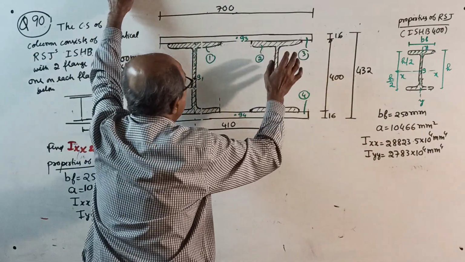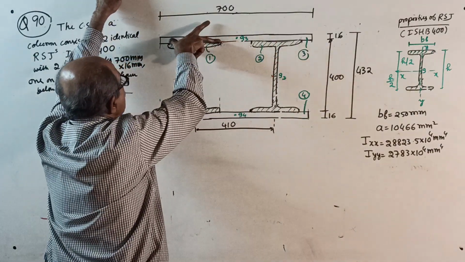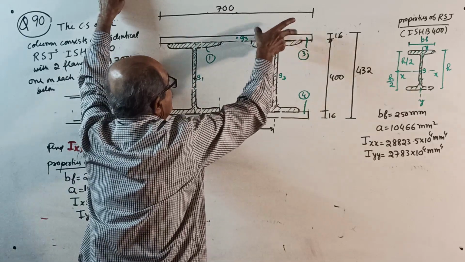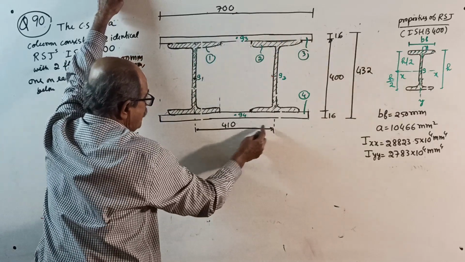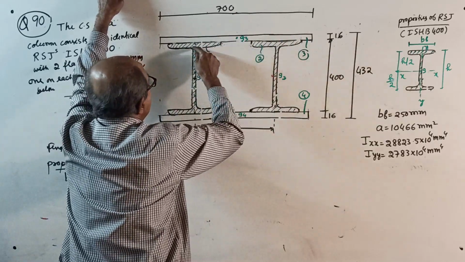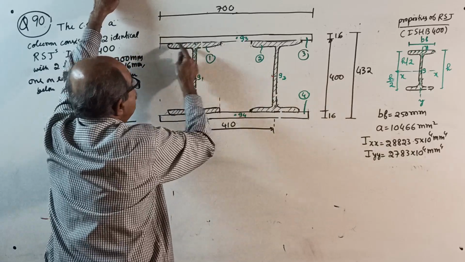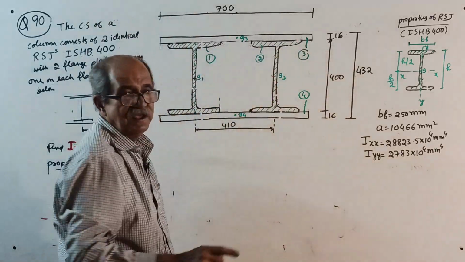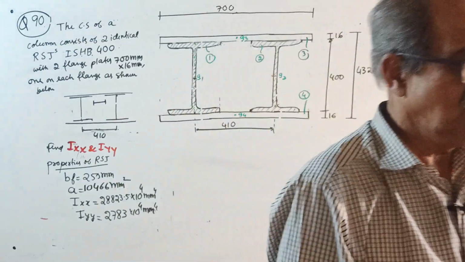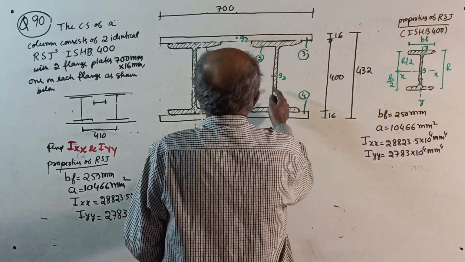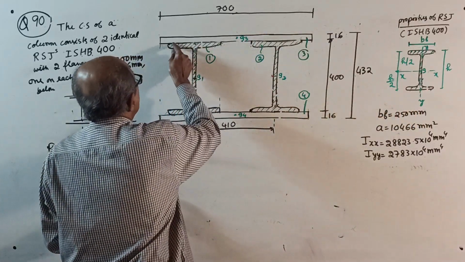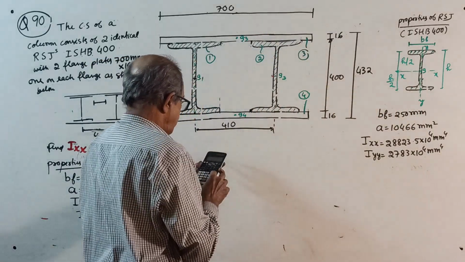See, this is 250, this is 250. 250 plus 250, or this is 410. Okay, this is 410 plus half of 250 plus half of 250, which gives you the information, that's all. In steel it's important. See, this 410 is center plus half of 250 plus half of 250.